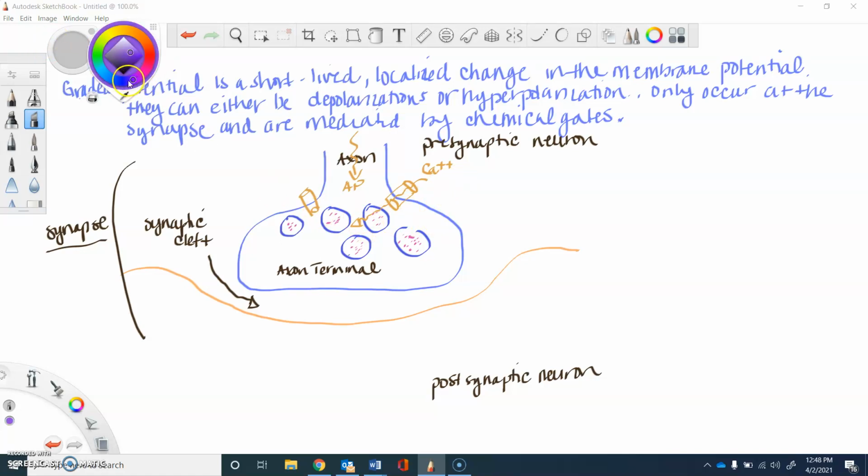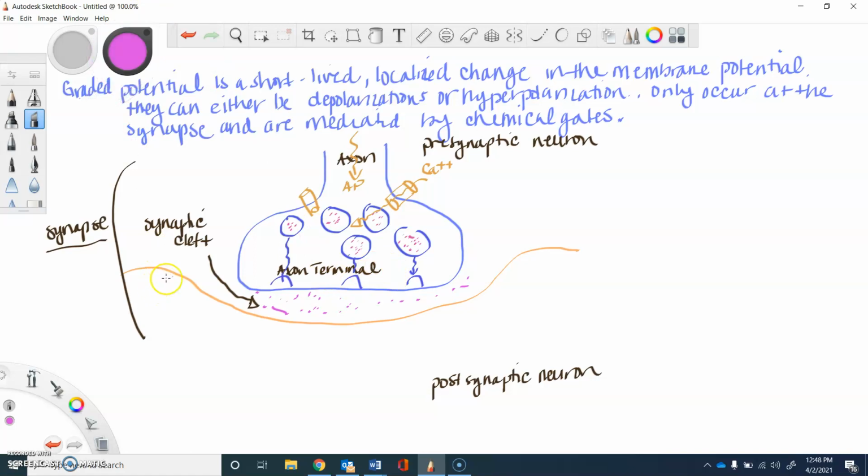Just like in the neuromuscular junction, that's going to cause these vesicles to go through exocytosis. And when that happens, their neurotransmitter is going to be barfed out into that cleft. Totally the same. You should know this.